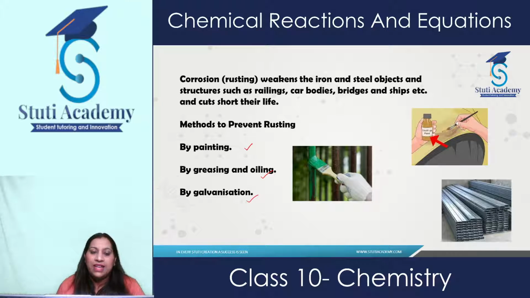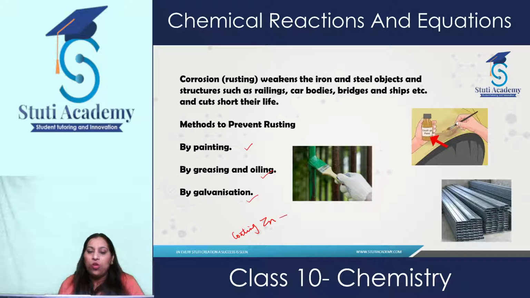Another method is greasing and oiling. Either we can apply oil or we can grease it with any lubricant. They also act like a barrier so that iron object doesn't come in contact with the oxygen and the water. Or by galvanization. Galvanization is that process in which we apply a coating of zinc over metal.